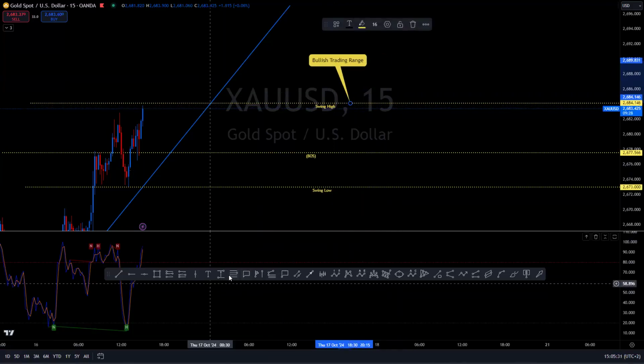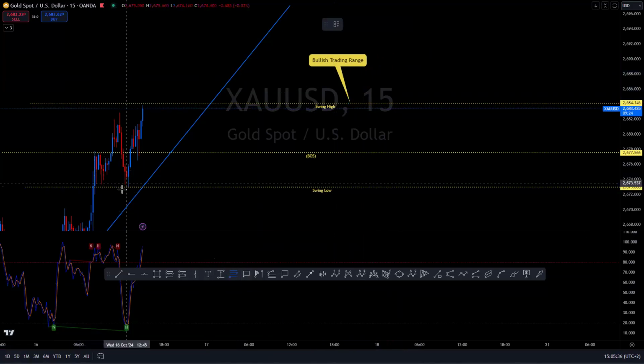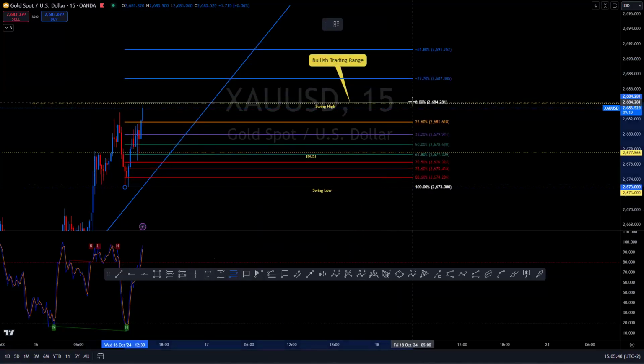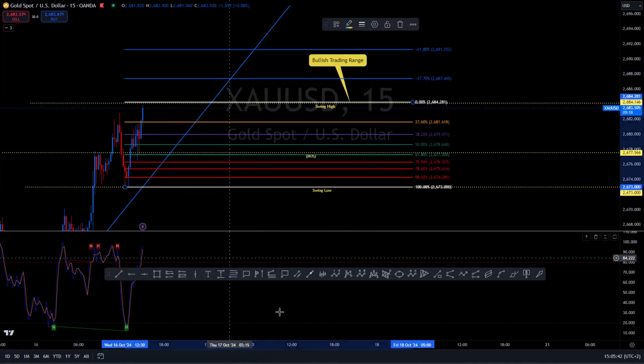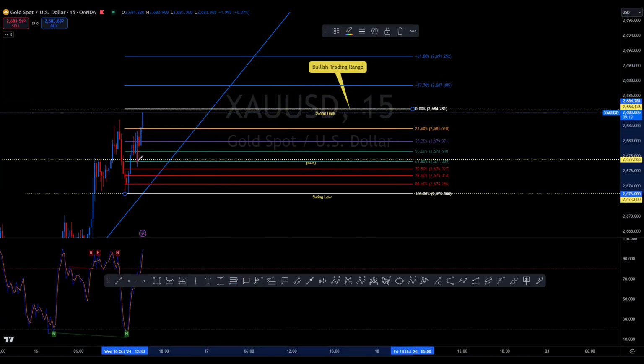we're going to move our Fibonacci from the most recent low to the most recent high. As we can see here, this is accurate because price did reject between the 50 and 60% area and pushed price further up. So this looks like a solid buy zone.